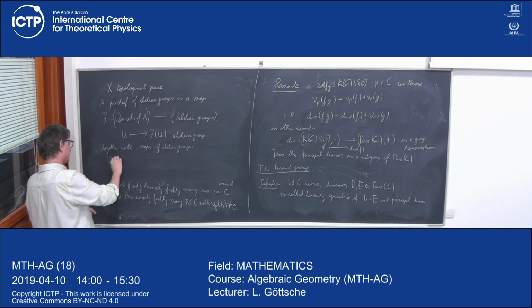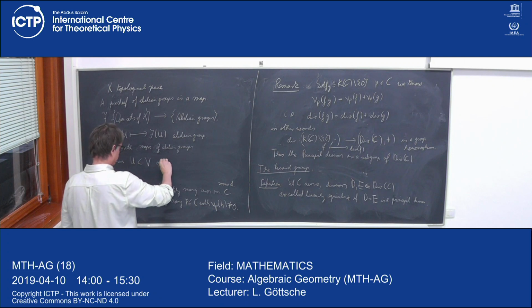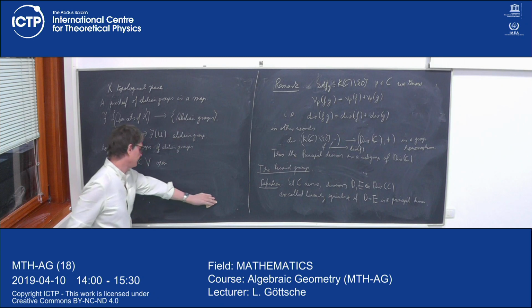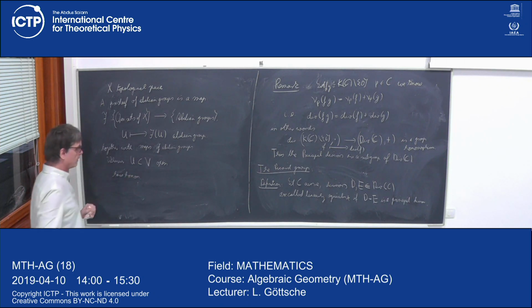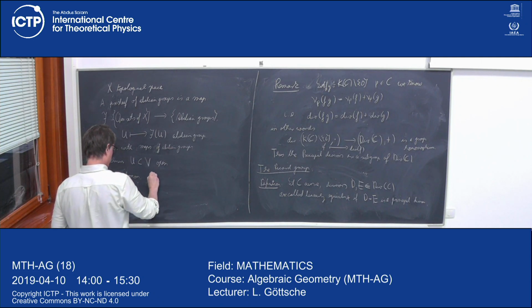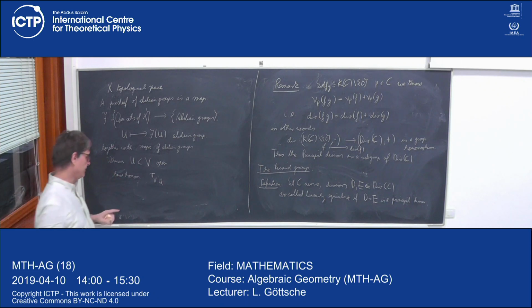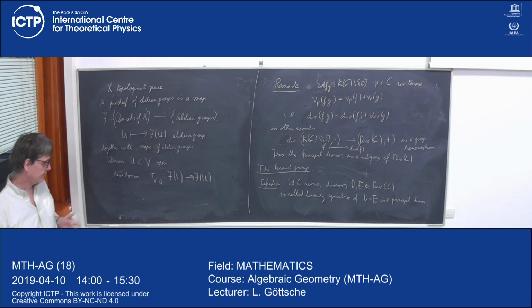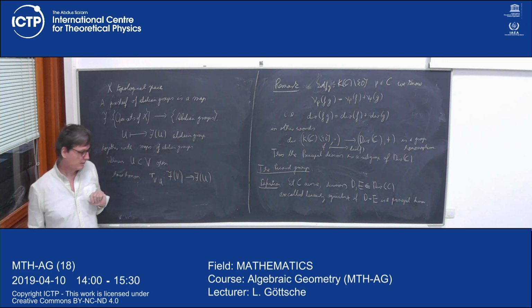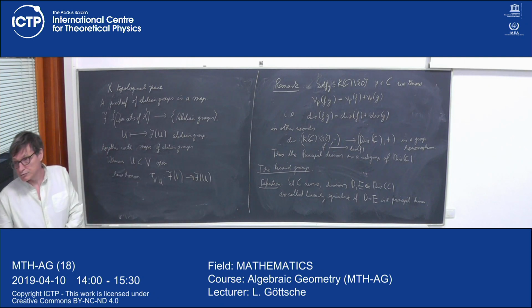Whenever U is contained in V are open subsets, then you have a homomorphism, which I maybe call restriction from V to U, although it's not necessarily a restriction, but you can think of it as the restriction, which goes from F of V to F of U. In simple cases, like differentiable functions on a manifold, you just take a differentiable function on V and restrict it to U. And so this gives me a group homomorphism. This kind of trivial stuff.